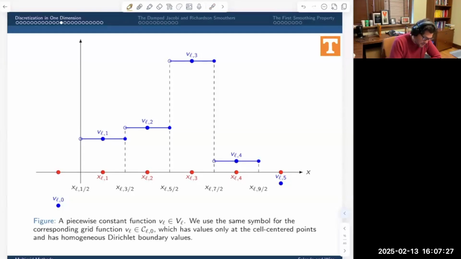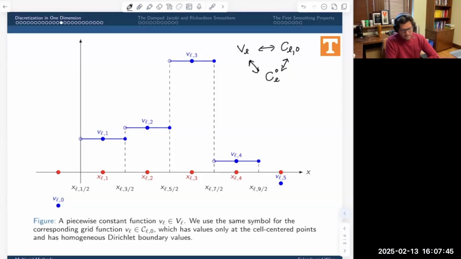So the functions were VL, and then there was another function space that we called CL0, and there was another function space called CL interior. And I said all of these functions can be related to each other. And by the way, they can all be related in the end to R^NL.